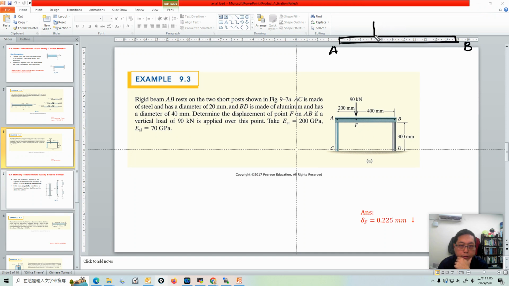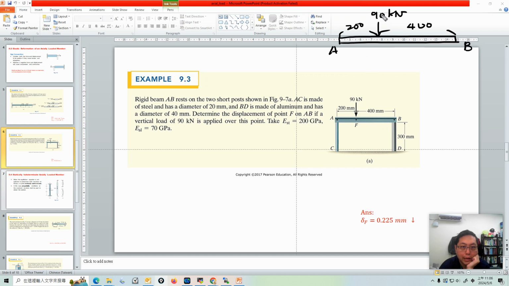We have the external loading 90 kilonewton here. The position of this force is 200 millimeter from A and 400 millimeter to B.